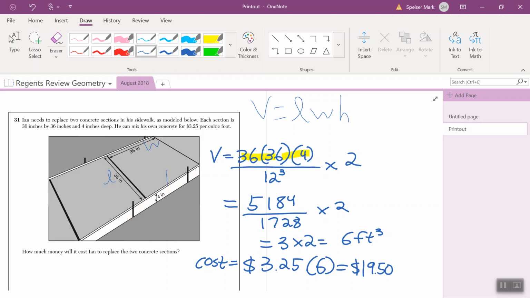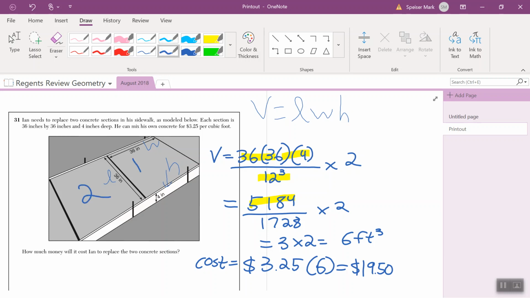Once you find the volume, which is 5,184, divide by 12 cubed to convert the length, width, and height into feet, which is 1728. 5,184 divided by 1728 is 3. Multiply by 2 for the 2 concrete sections. Get 6 cubic feet.